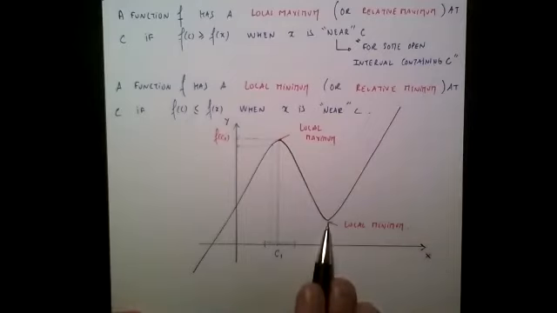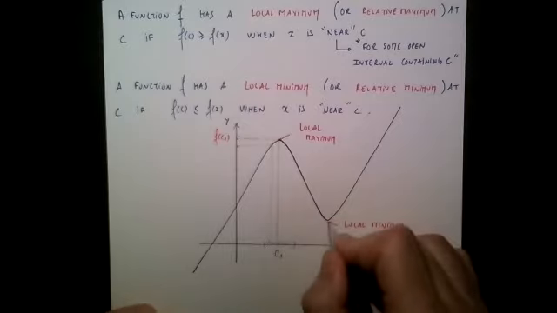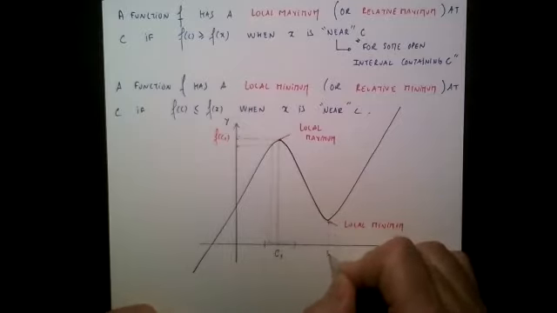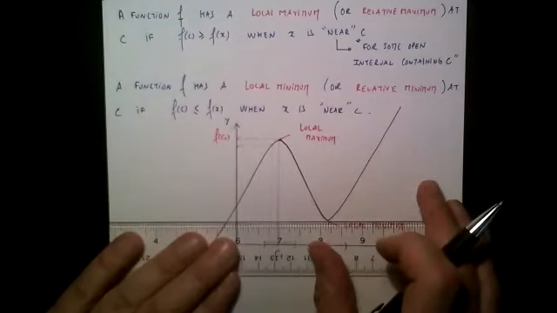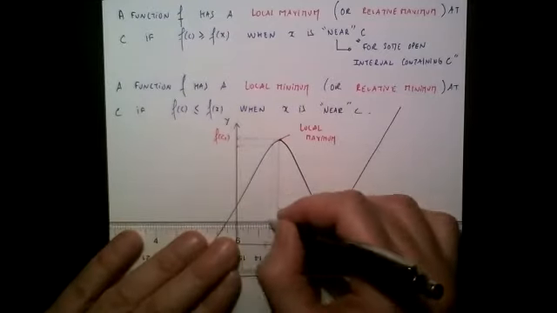Same thing for the minimum. This is C2. Around C2, there's a little neighborhood where f of C2 is the lowest value in that neighborhood.